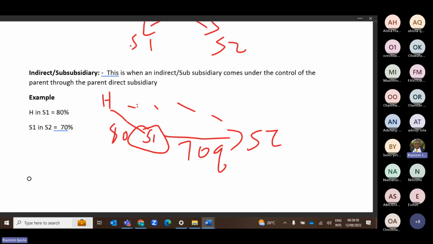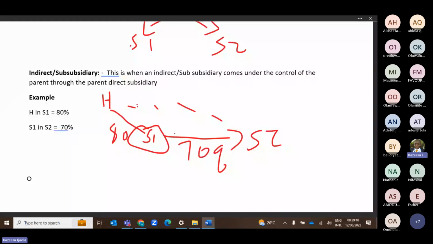Remember that H owns 80% in X1, right? Then X1 now owns 70% in S2. So if you want to know the direct holding between H and S2, all you have to do is multiply the percentage owned by H in X1 by what X1 owns in S2.